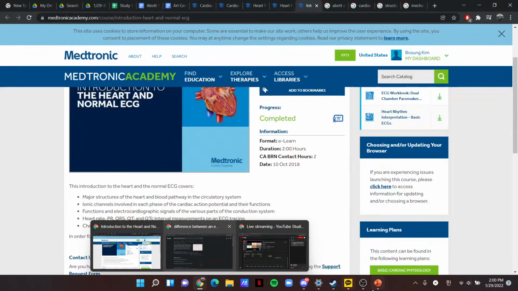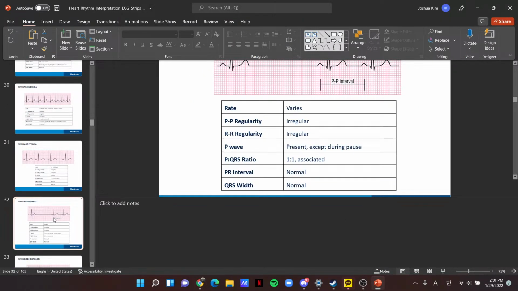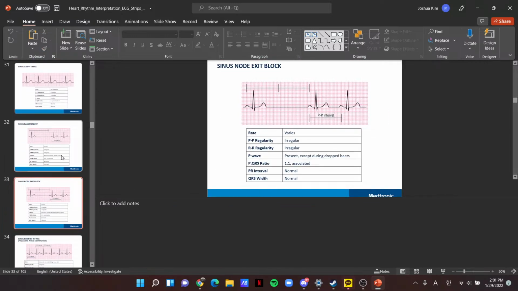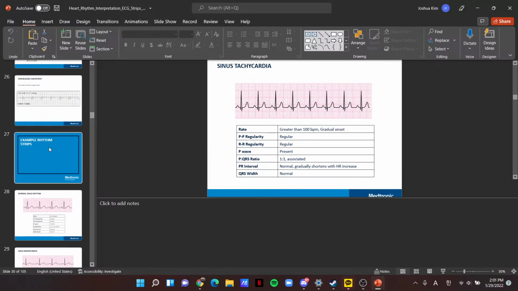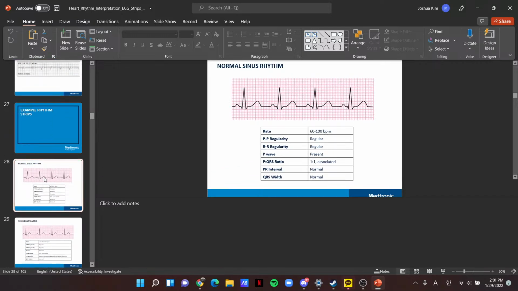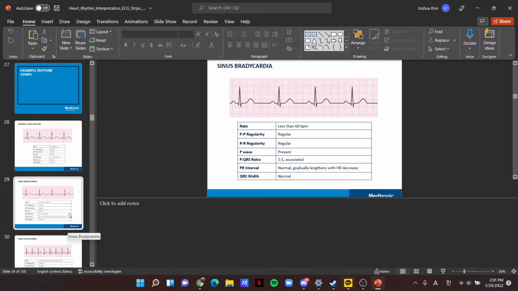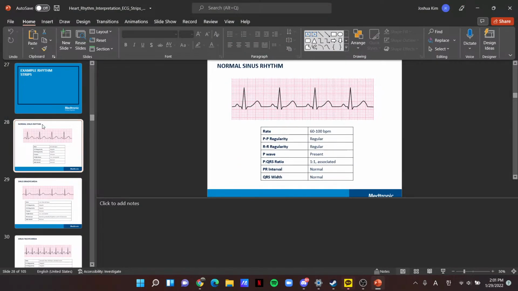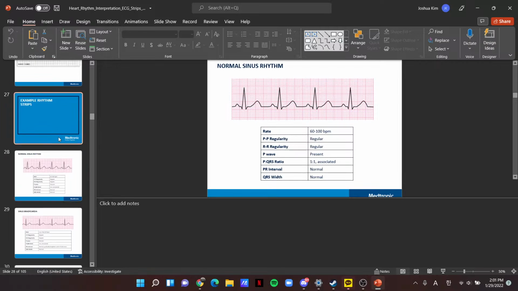I was studying on the side. Let's see, what is this? Oh, here it is. So yeah, that makes sense. It was a sinus rhythm, the normal one. Sinus bradycardia. Just copy these slides.